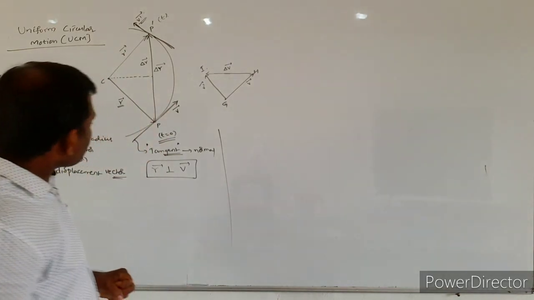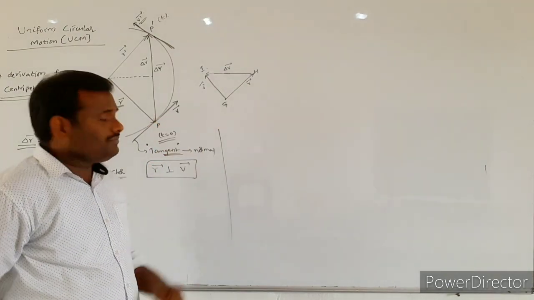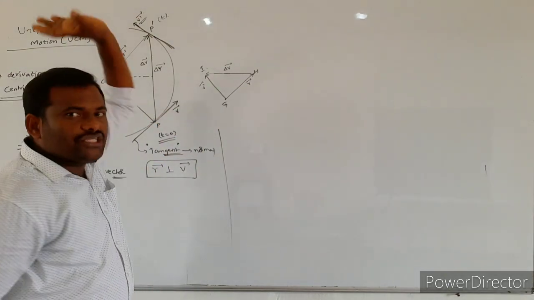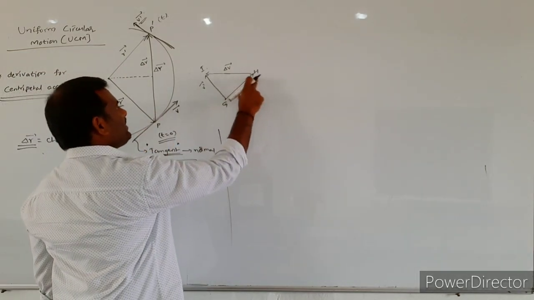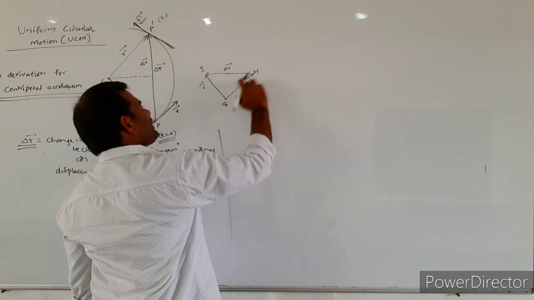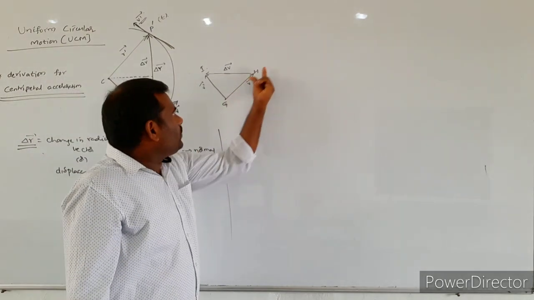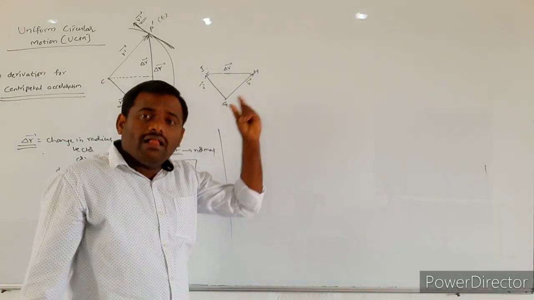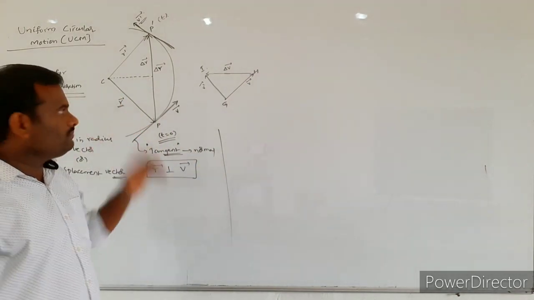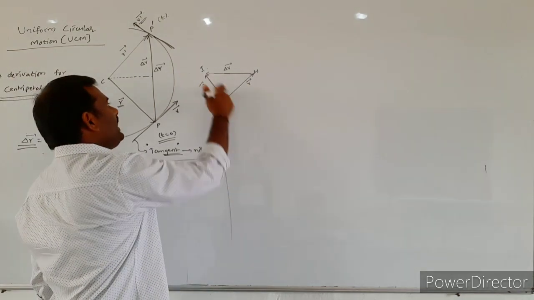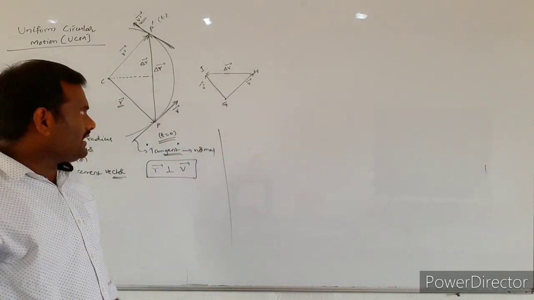Now, at the point P you know the velocity, at the point P dash you know the velocity, right? So by taking the velocity vectors, I draw the parallel vector V dash bar to this V bar. Here G to H vector is representing the velocity vector of the particle when it was at the point P, and V dash bar is a parallel vector of this vector.